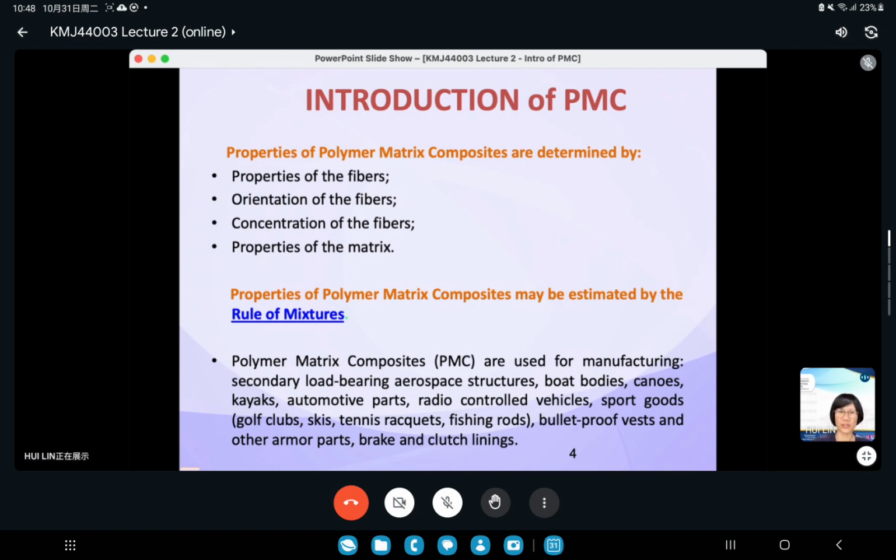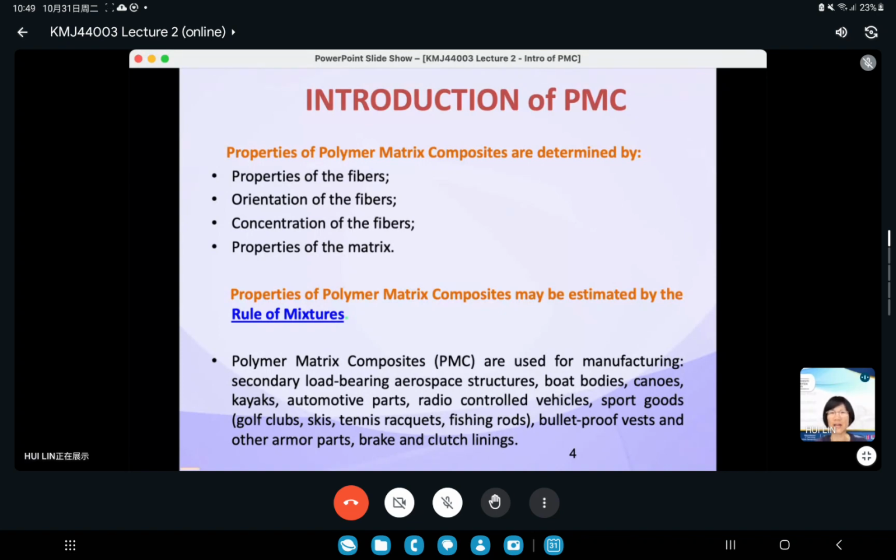The rule of mixture helps us to estimate, just to estimate. It is not for getting the exact result, but to help us estimate the modulus of the composite, the strength, the elongation, and also the density.